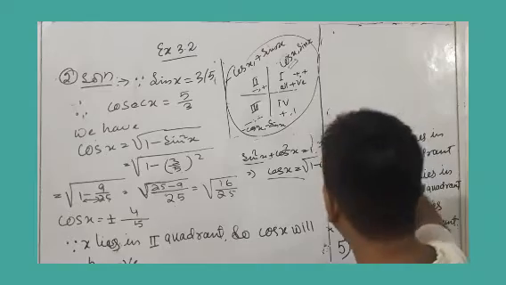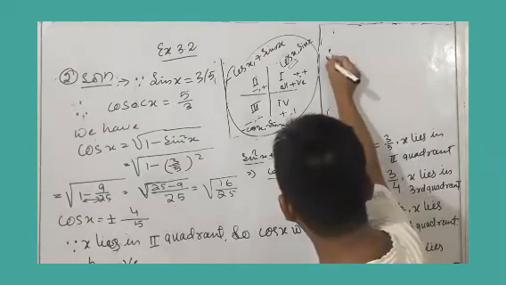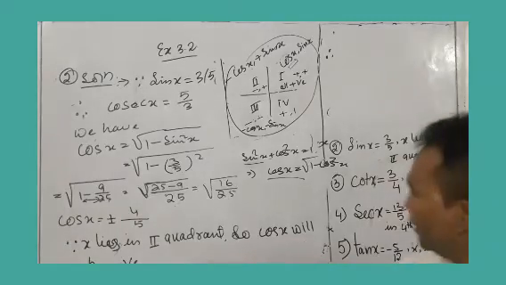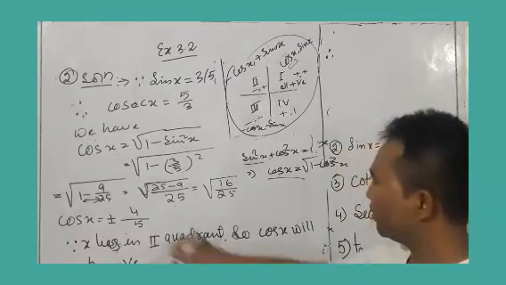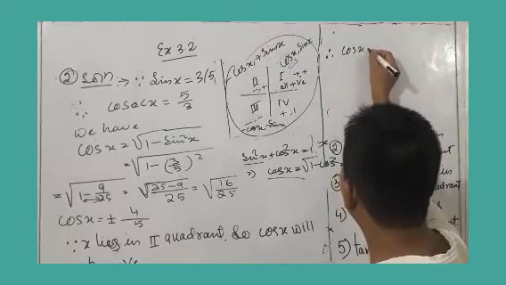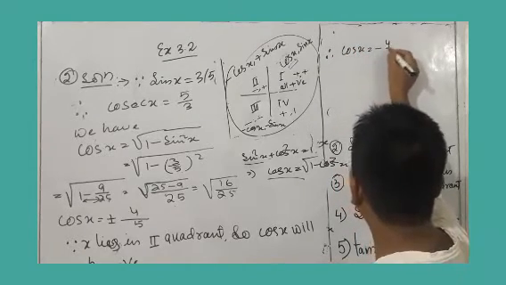Therefore, the value of cos x, considering only the negative value, will be 4 by 5 with a minus sign. Therefore, cos x equals minus 4 by 5.